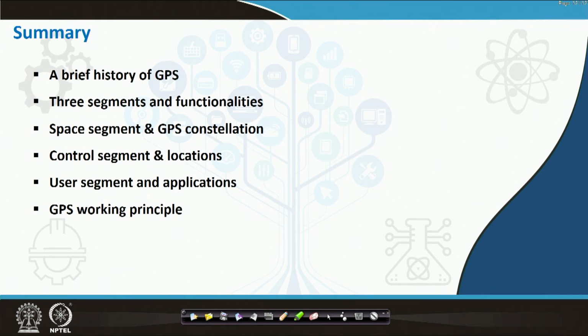So, we looked at that. We looked at how the space segment is located. There are about 24 satellite vehicles at every 60 degrees, so you have 6 working planes. With this you have the entire constellation, and each satellite is inclined at 55 degrees. So, this is what we mean by the space segment. Then we looked at the control segments and their location.